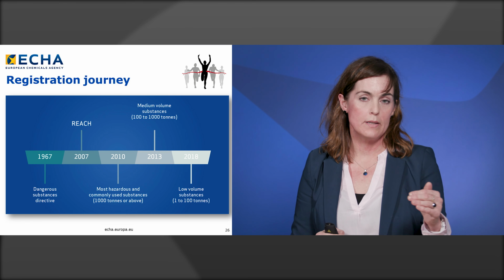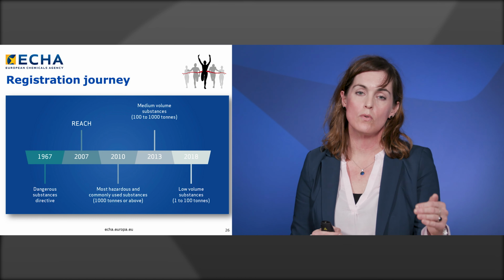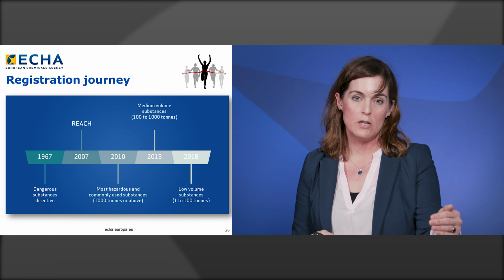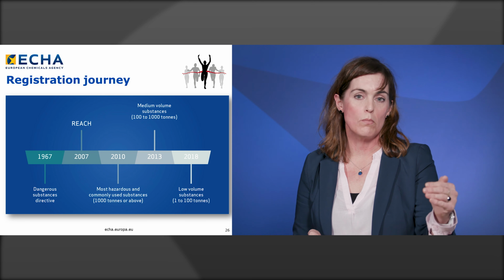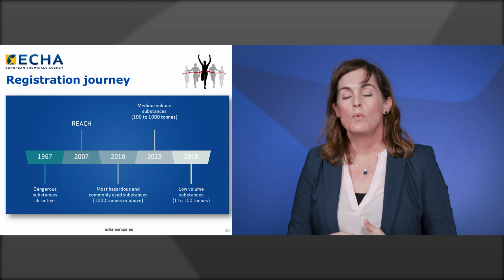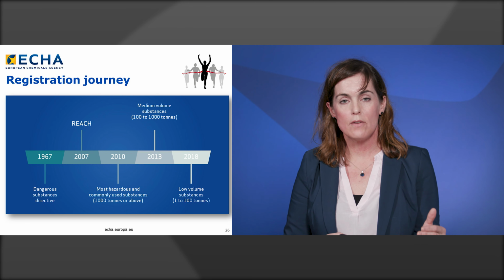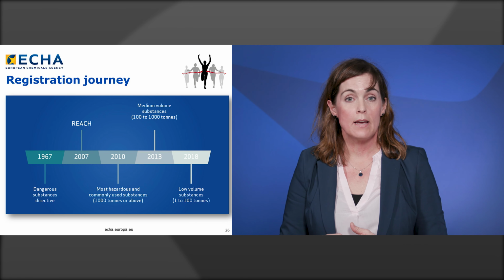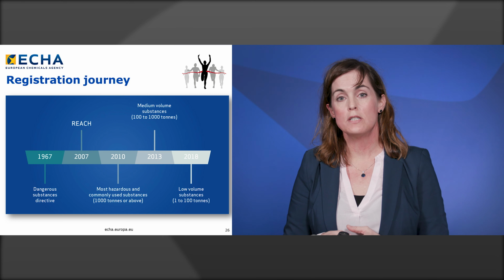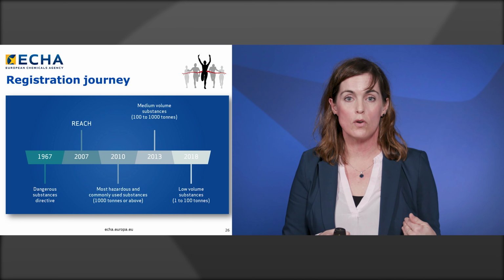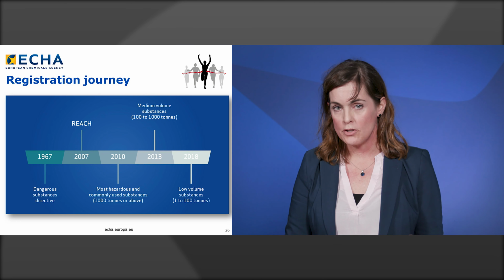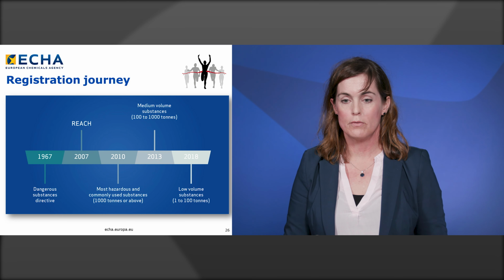So the more that is produced, manufactured or imported, the more information industry or registrants are obliged to submit. So we have had 3 registration deadlines already. The first one was the high volume, and that was 2010, followed by 2013, and then last year for the lower volume, up to 100 tons, which is still quite a lot.